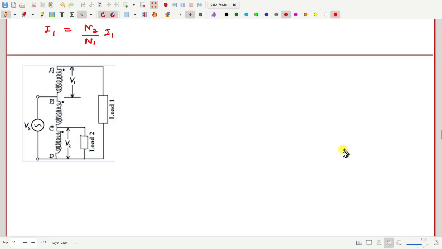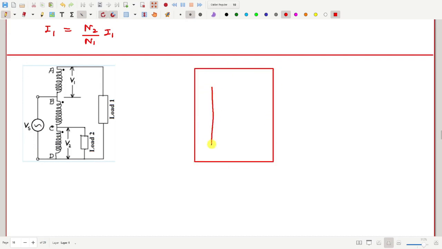Here you see we have only one coil. You may think it is like this: here we have a core, and then there is only one coil, one winding. No other coil is there.